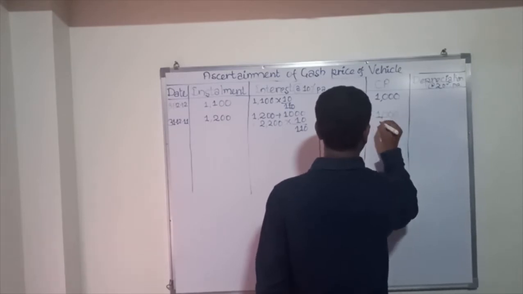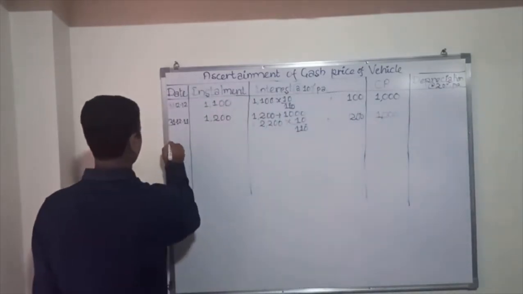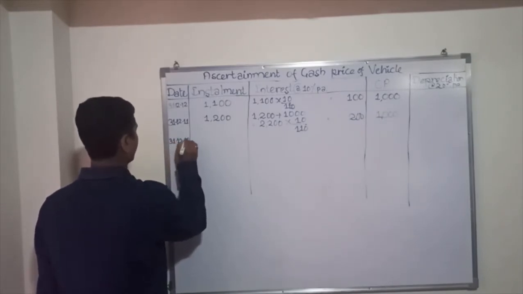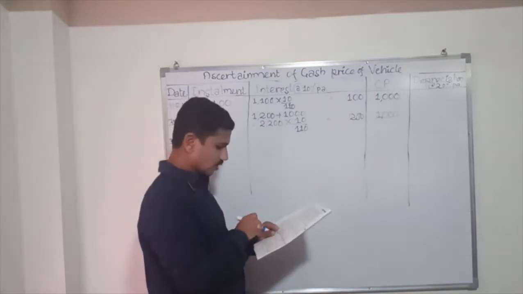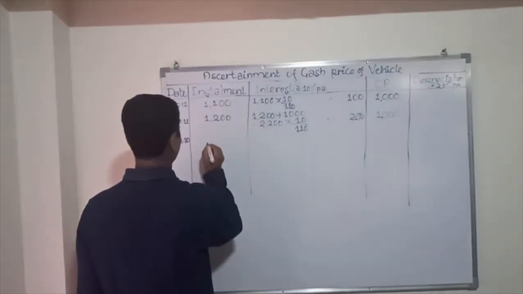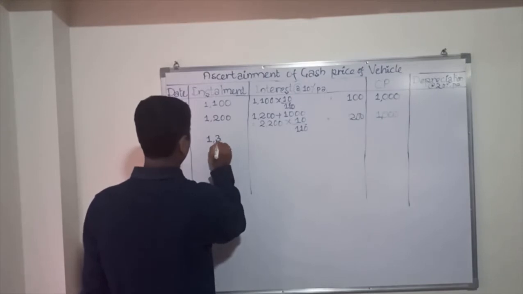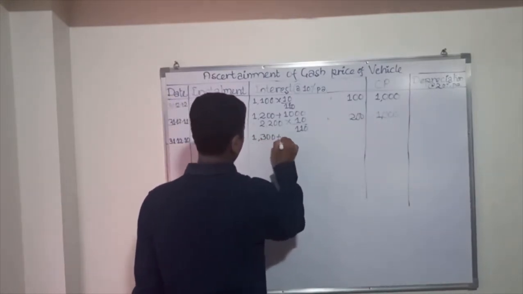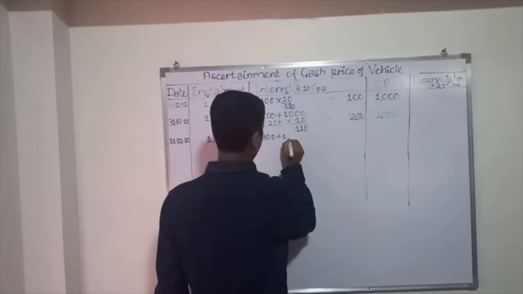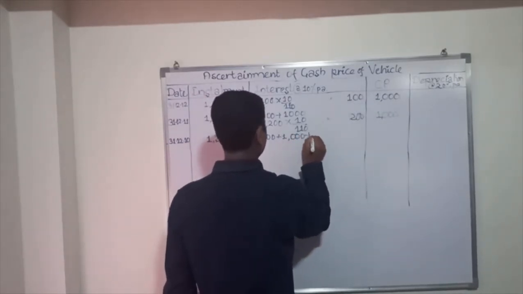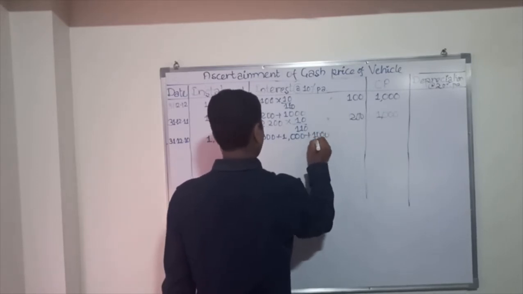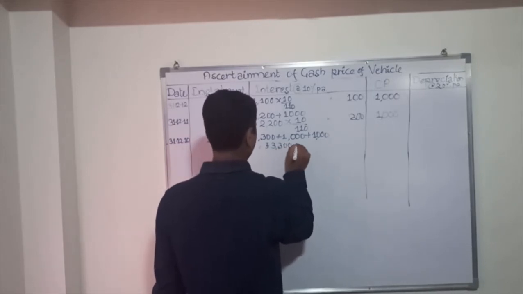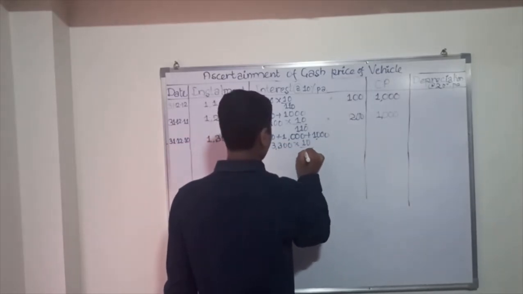Then 31st of 12 2010, the first installment is 1300. So 1300 plus the previous two we should take, that is 1000 plus 1000. So when you take the total here, it is 3300 into 10 divided by 110.